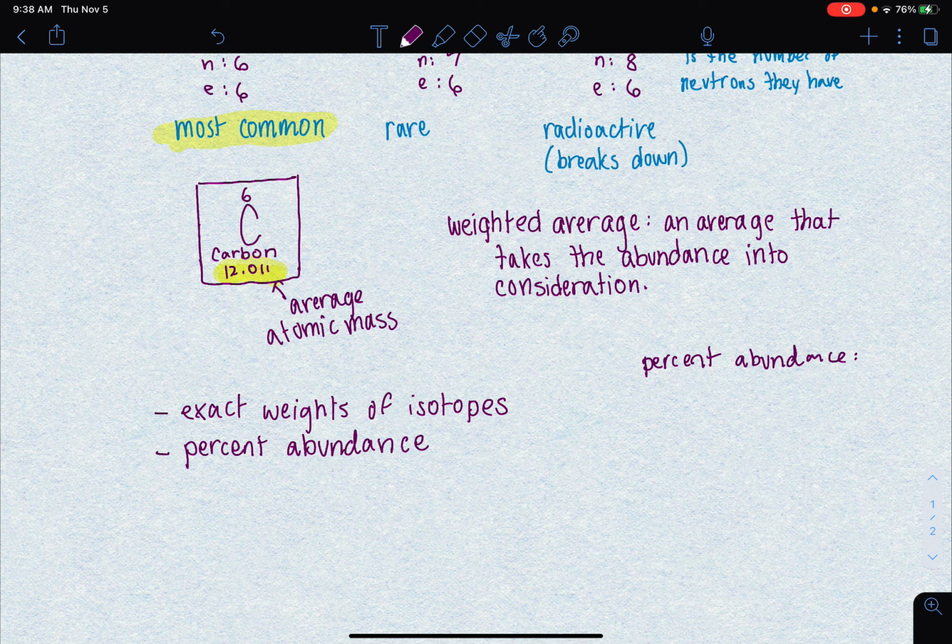So it's telling you what percent of carbon is carbon 12, for example. So what percent of all atoms exist as that isotope?